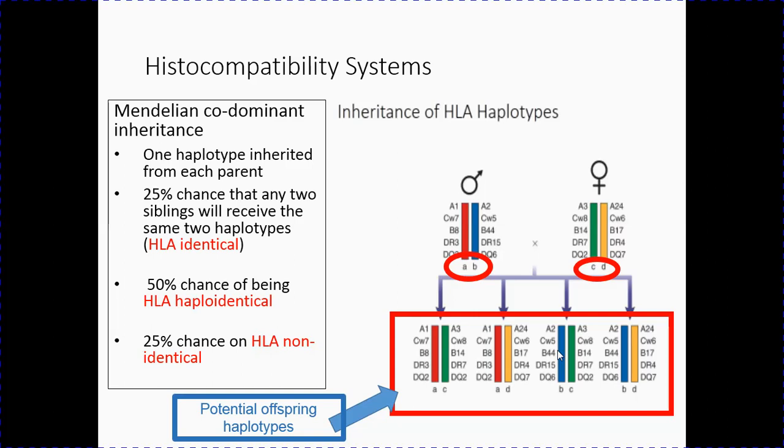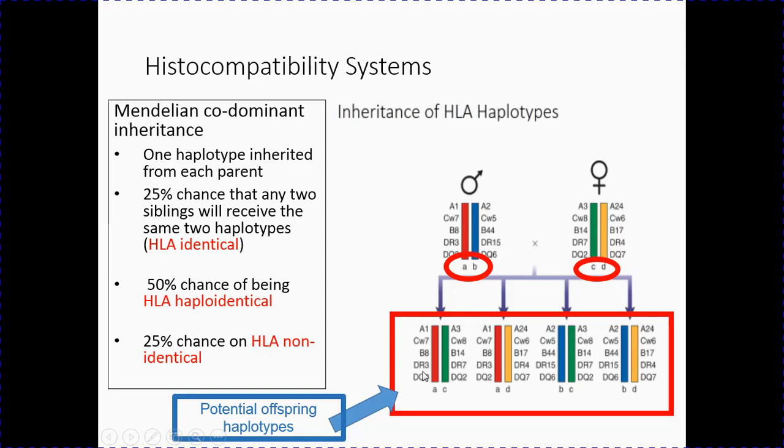So why is this important to us? When we're looking at transplant immunology, we're trying to figure out how close we can get that HLA pattern between donor and recipient. Remember how I said we look to siblings first? This is why. At any given point in time, there's a 25% chance that 2 of the siblings are going to have the identical inheritance of haplotypes from their parents.